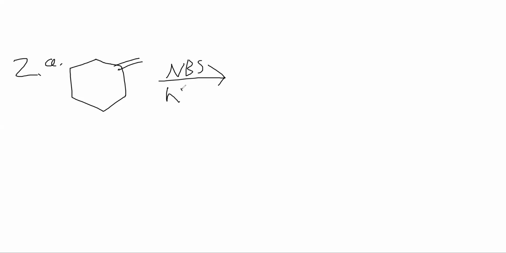Okay. Number 2 is looking at the allylic bromination reaction. This is one of 2 reactions you guys know with NBS, and you should know that NBS is just a source of Br2.